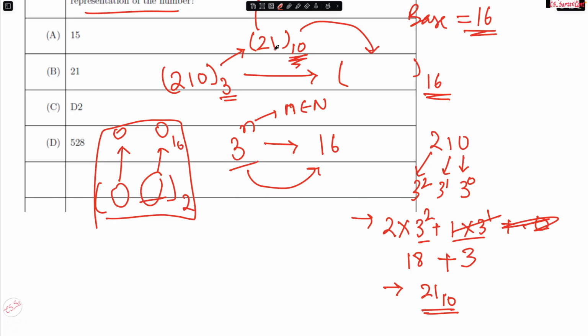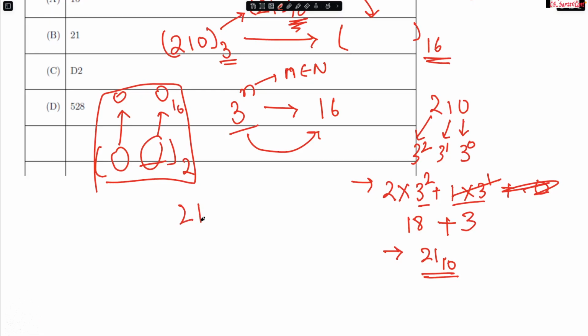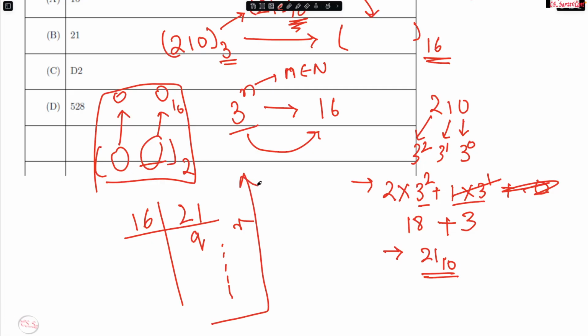Now we can convert 21 into base 16 by means of the common method. You must have already seen this method at some point if you had studied number systems, which comes under digital logic. If you divide 21 by 16 multiple times, you write the quotient over here and the remainder over here, and you go on like this, and when the quotient becomes smaller than 16, you read the numbers in this order, and whatever number you get is going to be the answer.